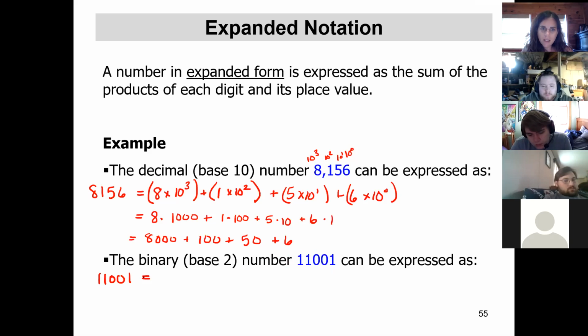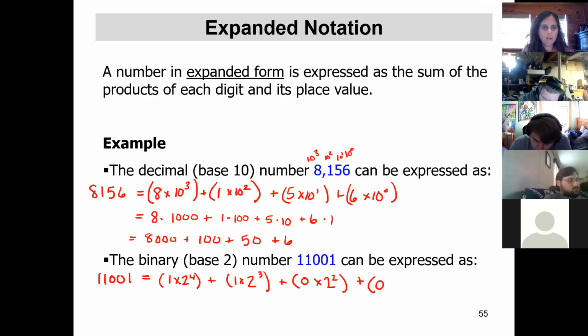So the digit on the left is going to be 1 times 2 to the fourth, plus 1 times 2 to the third, plus, now the zeros I don't have to write because 0 times the number is going to be 0, but I'll put it there just for our first example. So 0 times 2 to the second, plus 0 times 2 to the first, plus this last one times 2 to the 0 power.